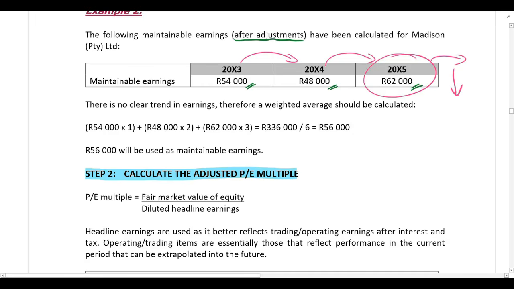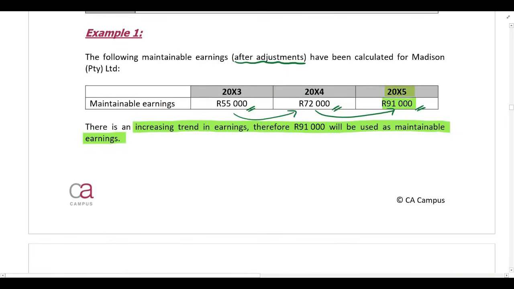So because we don't have an increasing trend, we need to calculate a weighted average. On the other hand, in example 1, we had an increasing trend. So it's safe to assume that as a minimum, the earnings that this company will have in the future will be at least 91,000 Rand.